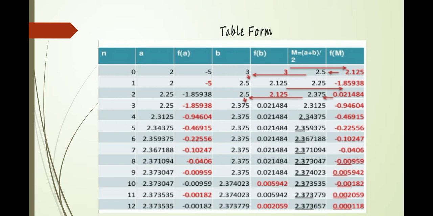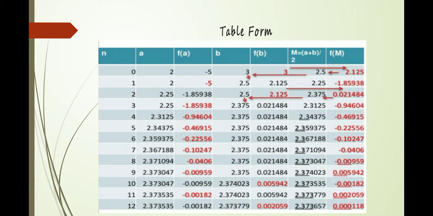See the above iteration, f of 2.5 has a positive sign. Therefore the root lies between 2.25 and 2.5. Taking the average of these two numbers, we get 2.375. Again find out f of 2.375, which is equal to 0.0214, which has a positive value.